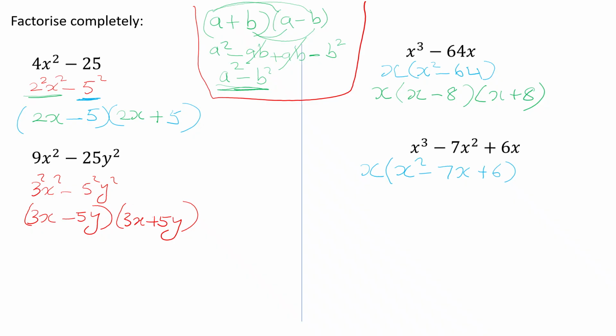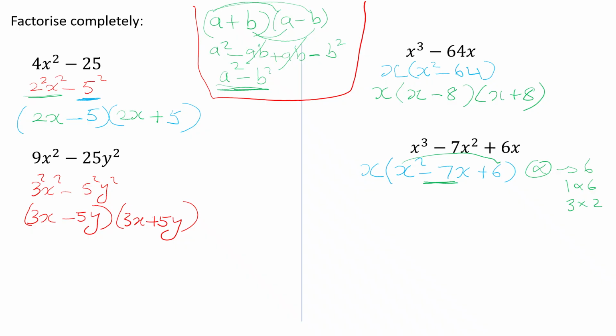So we need to factorize again. If you multiply two numbers, 6. So what are the factors of 6? 1 times 6, 3 times 2. If you add two numbers, you need to get negative 7.